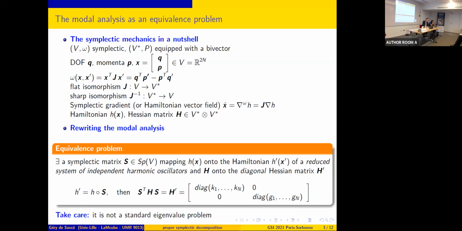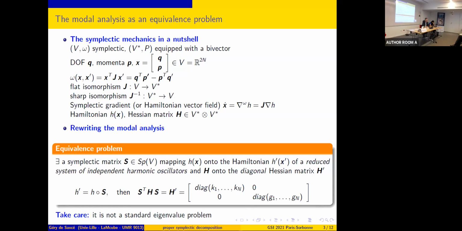In other words, there exists a symplectic matrix S living in the symplectic group of V, mapping the Hamiltonian H onto the Hamiltonian H prime of a reduced system of independent harmonic oscillators, and the Hessian H onto the diagonal Hessian matrix H prime with eigenvalues K corresponding to Q and G corresponding to P.